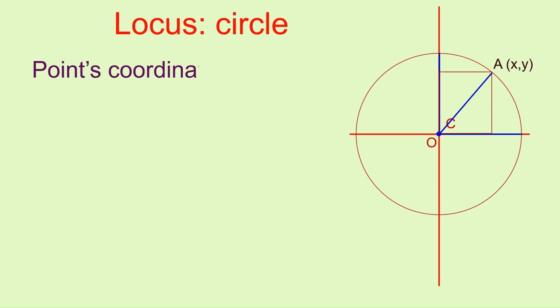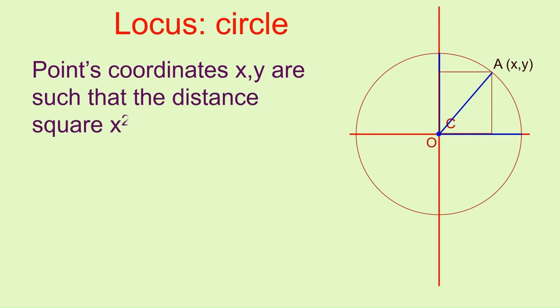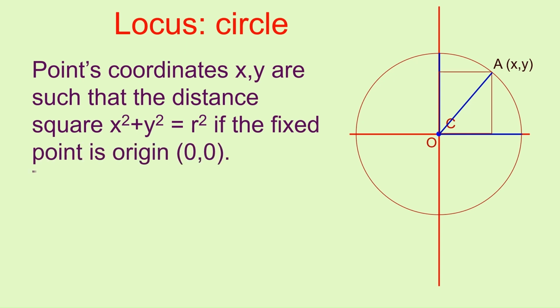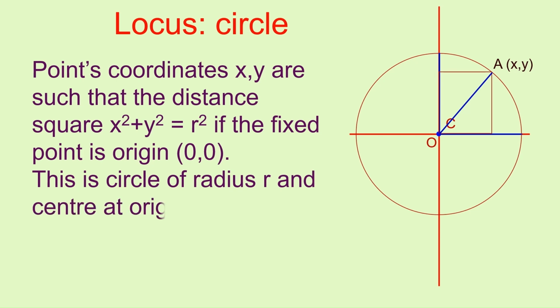Locus, circle. Point coordinates x, y are such that the distance r squared equals x squared plus y squared, if the fixed point is the origin (0, 0). This is the circle equation of radius r and center at origin.